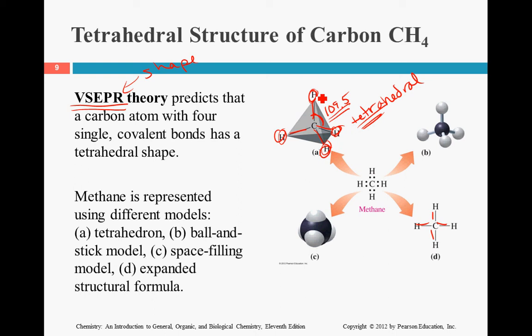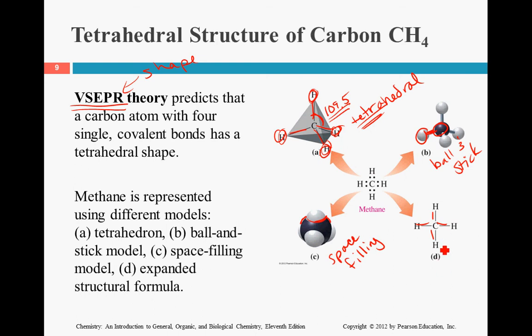This is the VSEPR shape. This is the ball and stick model. These are the models that you would play with or work with at home or in lab. This is space filling. What it's saying here is that instead of having things spread out like this one, where there's a gap between them, this theory is saying that this gap is actually filled in with the space of the electrons.